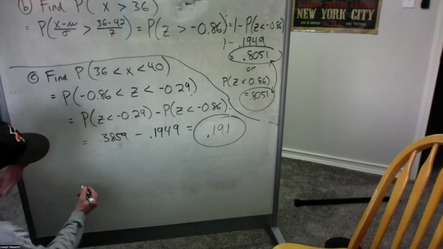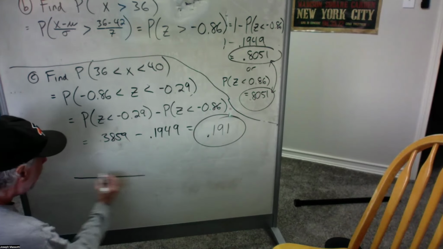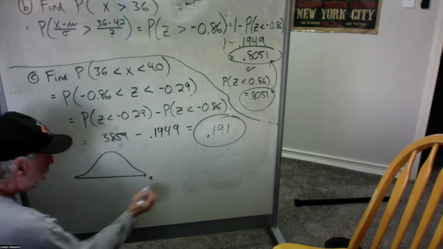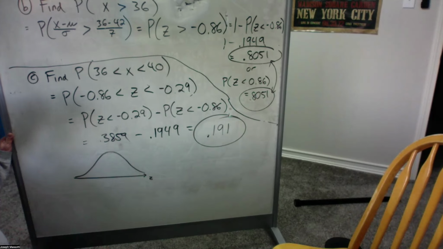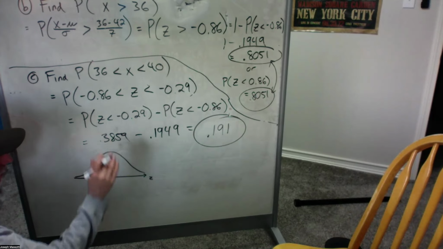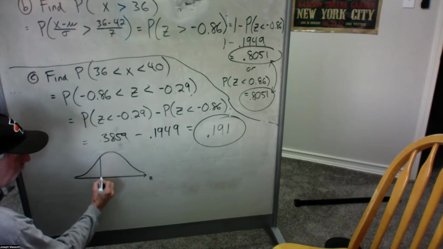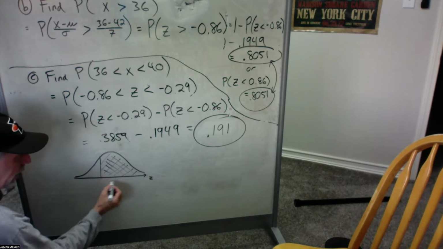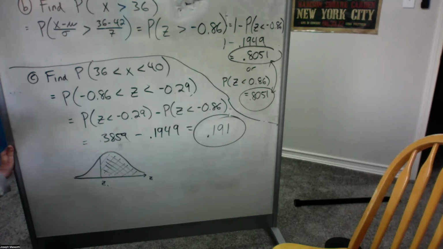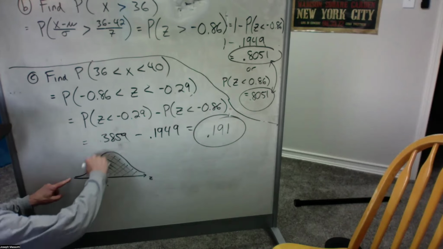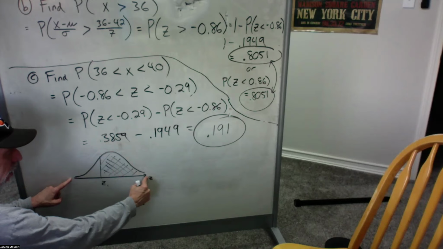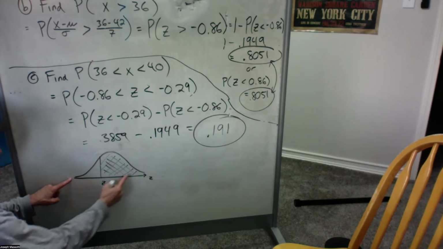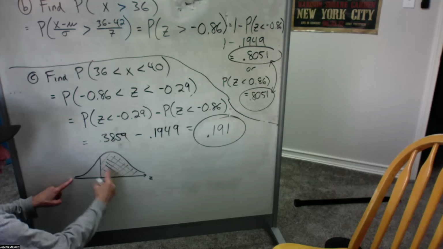So when we were looking at the complement approach, we wanted the probability that z is greater than some number. I'm just going to use any number here. So again, we'll just look at some number in the area to the right, or greater than that number. So we can take the total area of 1 and then subtract off the probability less than that number, and that's going to leave us with the area that we want.